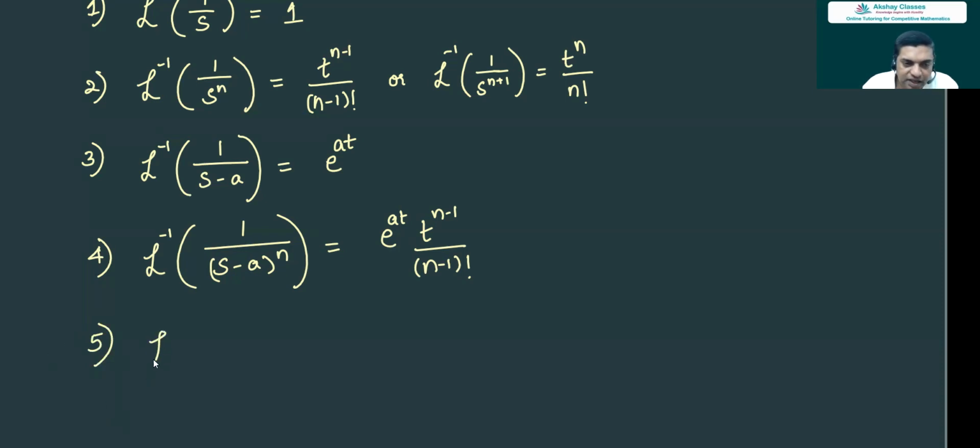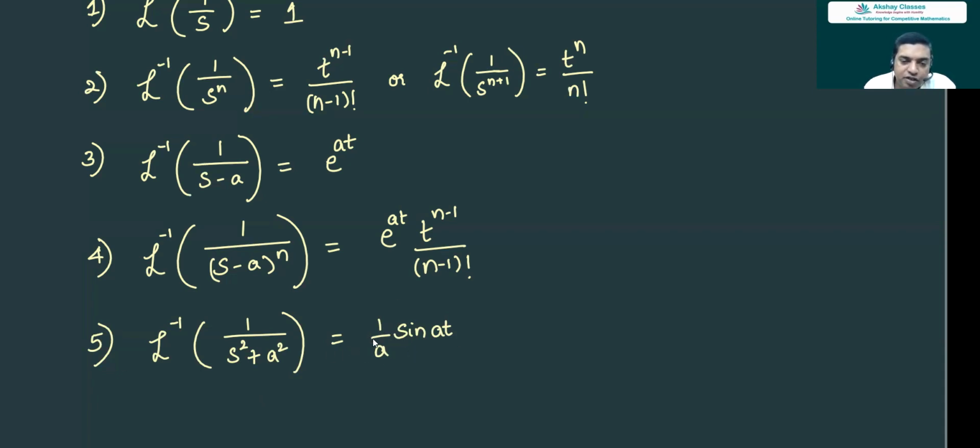Next, Laplace inverse of 1 by s square plus a square. Now a by s square plus a square we know is the Laplace transform of sine of at. So this will be 1 upon a times sine of at.